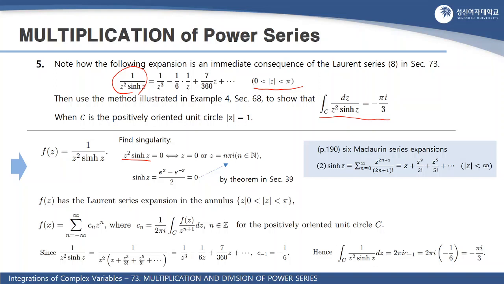Here n is an integer. To compute this, we use this identity. Actually we know that by the theorem in section 39. From this we get this result.